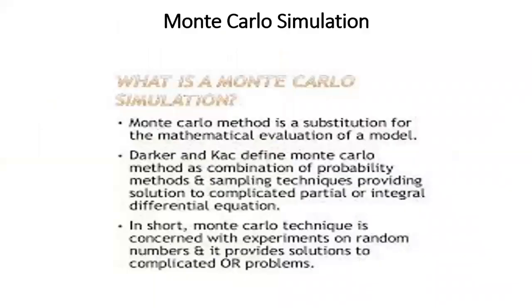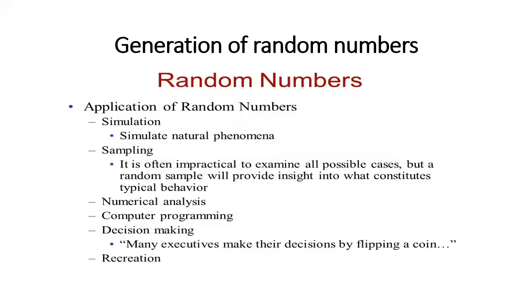And lastly, the Monte Carlo simulation. The Monte Carlo method is a substitution for the mathematical evaluation of a model. Dacker and Kick define the Monte Carlo method as a combination of probability methods and sampling techniques. In short, the Monte Carlo technique is concerned with experiments on random numbers, and it provides solutions to complicated operations research problems.